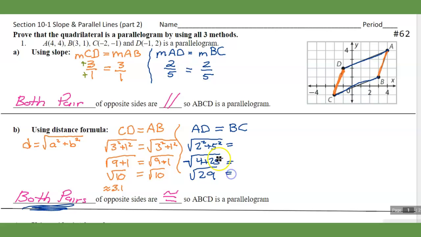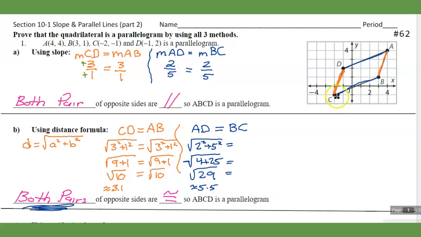And approximately 29, we know it's going to be 5 point something because square root of 25 is 5. Square root of 36 is 6, so it has to be somewhere between 5 and 6. 29 is, I don't know, pretty much in the middle of 25 and 36. So this is like a 5.4 or 5.5, something like that.